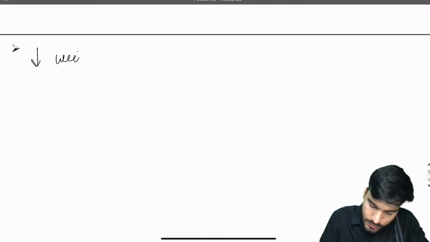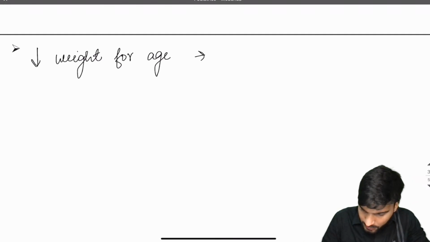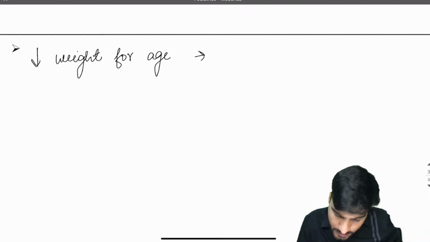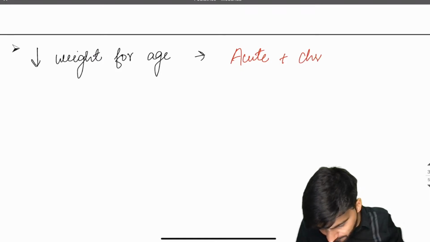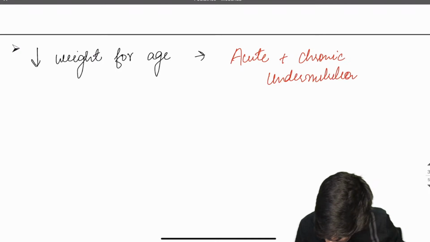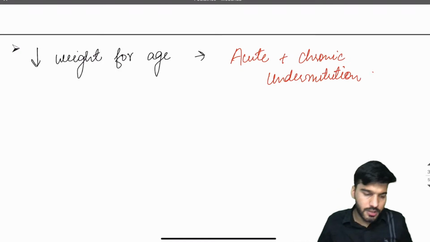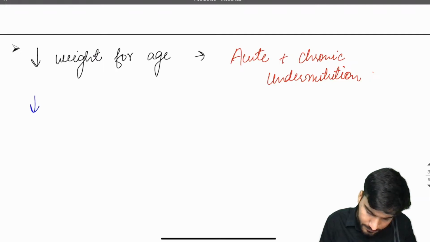If there is decreased weight for age, that is going to be acute plus chronic undernutrition, or you can call it underweight.